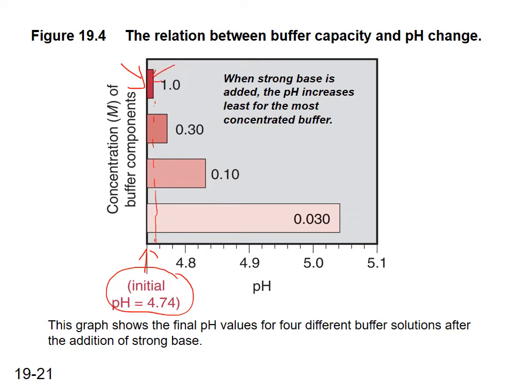Now when you decrease the concentration of the buffer, the change increases as base is added. For the least concentrated one, 0.03 concentration of the buffer solution, the pH value changed the most, from 4.74 to 5.05.